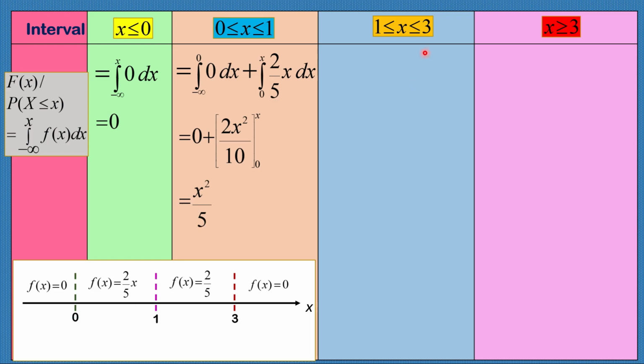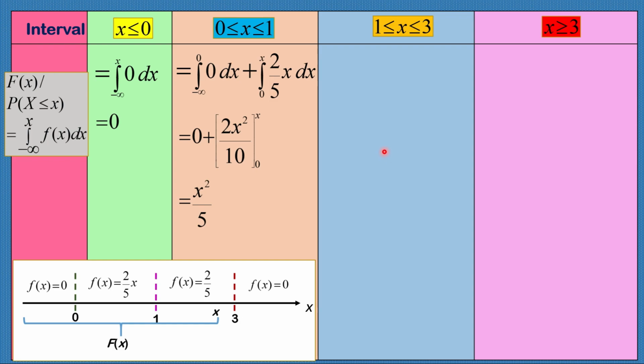Now find the cumulative distribution function in interval 1 to 3. From the number line, the cumulative distribution function in this interval can be found by integrating from negative infinity to x, and x can be somewhere from 1 to 3.